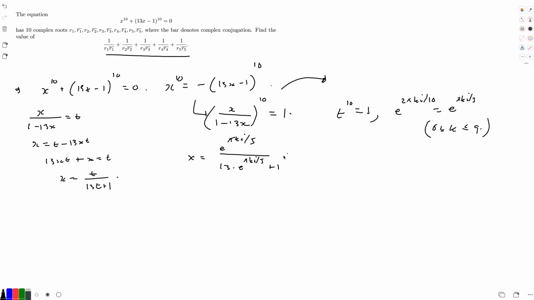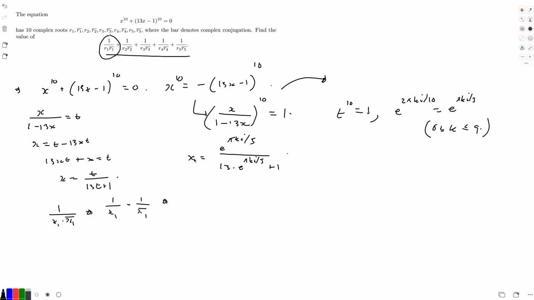So we now know that the roots are of this form, and what we want to do is calculate 1 over x1 times x1 conjugate, right? So this becomes 1 over x1 times 1 over x1 conjugate. And then now let's see if we can simplify this and see if something convenient happens.